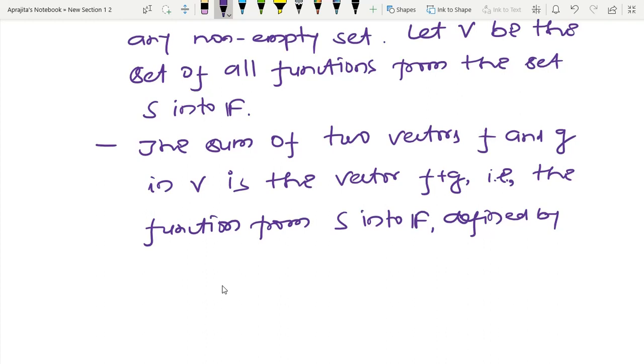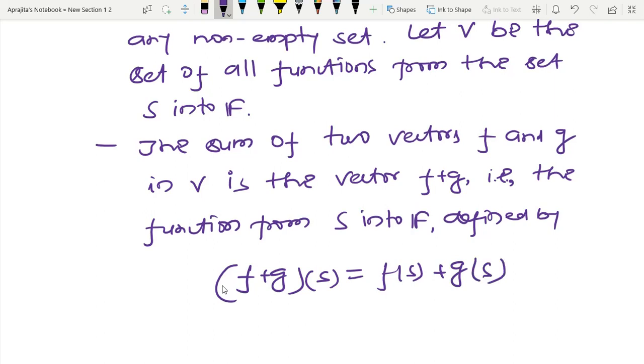Once you identify the vectors, underlining field, then you have to define two operations. First operation is the vector addition, and after that you have to define the scalar multiplication. So f plus g is defined like this: (f+g)(s) = f(s) + g(s).